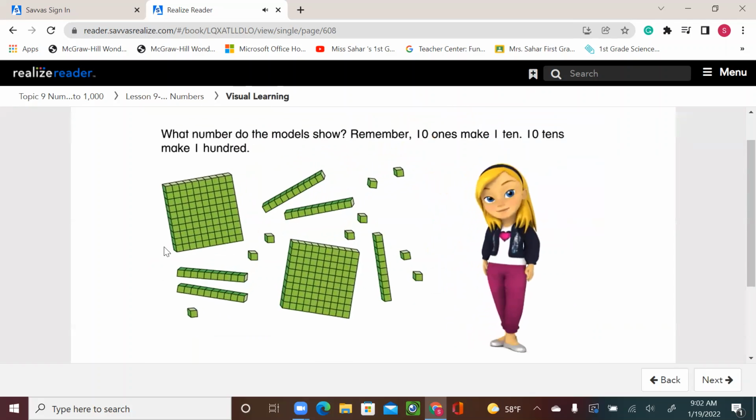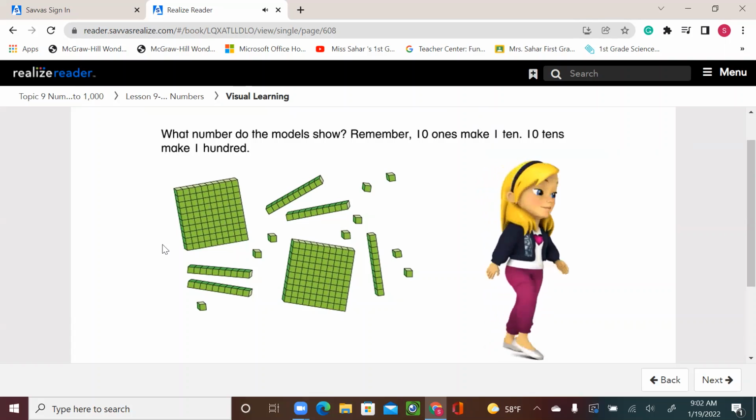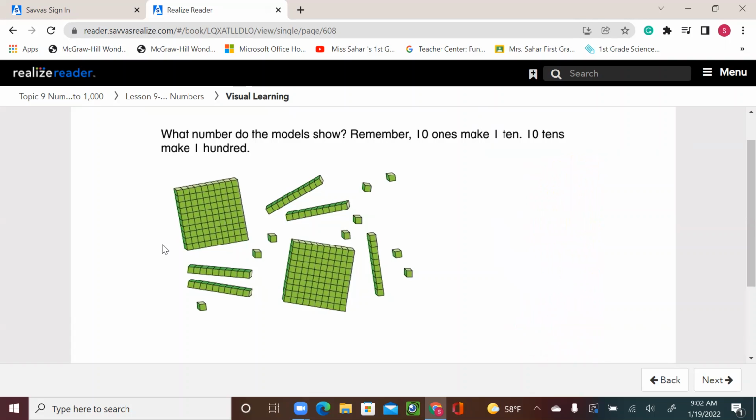What number do the models show? Let's find out. Remember, 10 ones make 1 ten. 10 tens make 100. So I see that I have hundreds, I have tens, I have ones. So if I say this is 100, 200, so now I have 1, 2, 200.